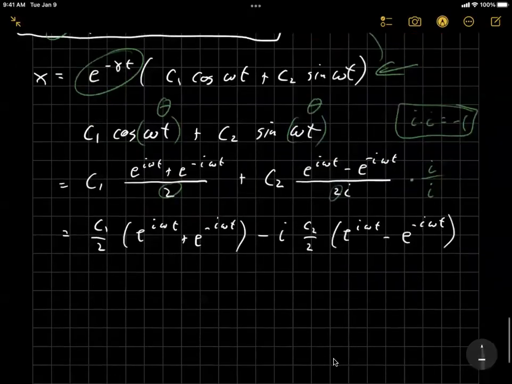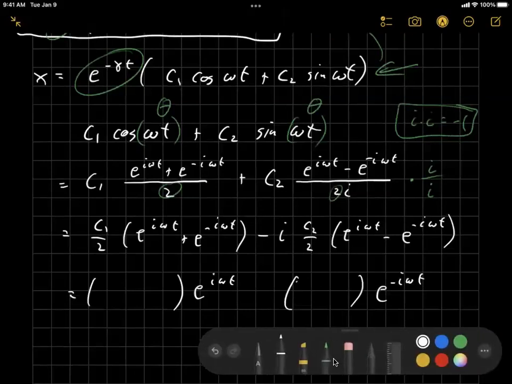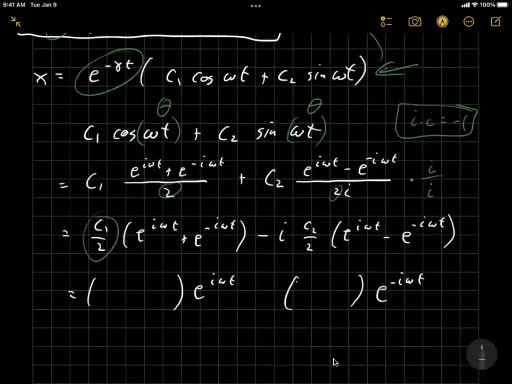All right. Now let's figure out how many e to the I omega t's I have. I have a certain number of e to the I omega t's, and a certain number of e to the negative I omega t's. So if I do a little distribution, I have C1 over 2 of the e to the I omega t's, and then I have a minus I C2 over 2 times the same thing.